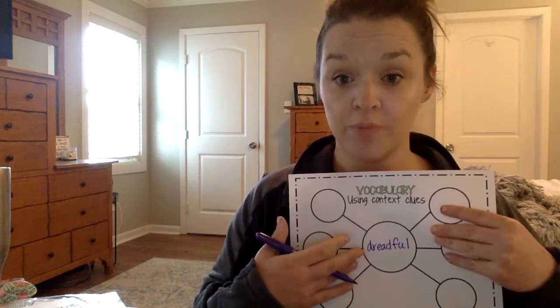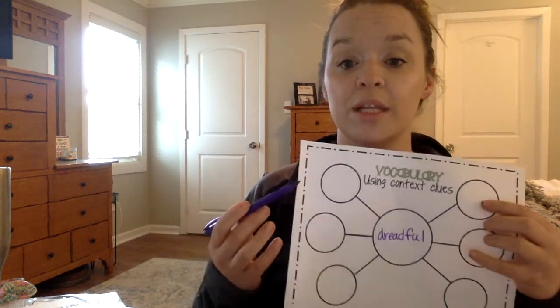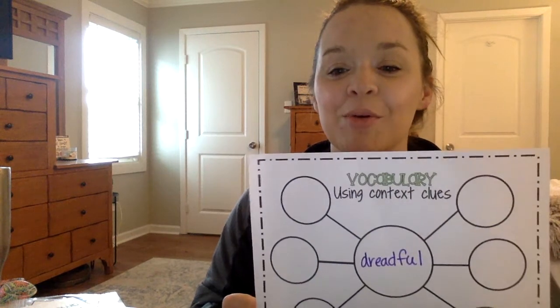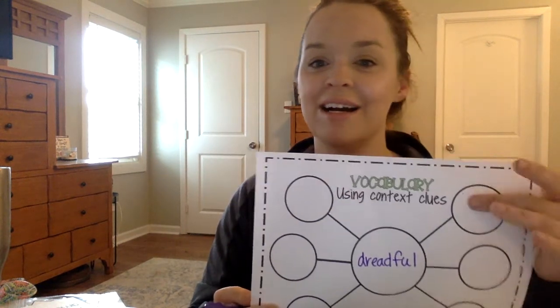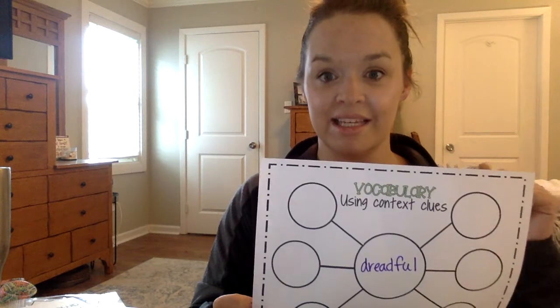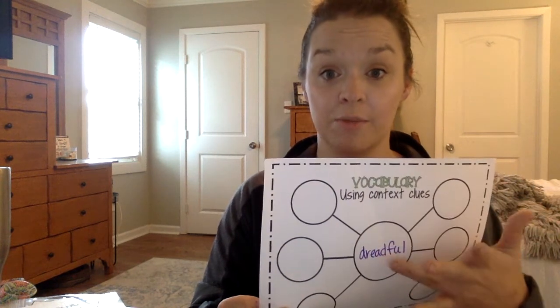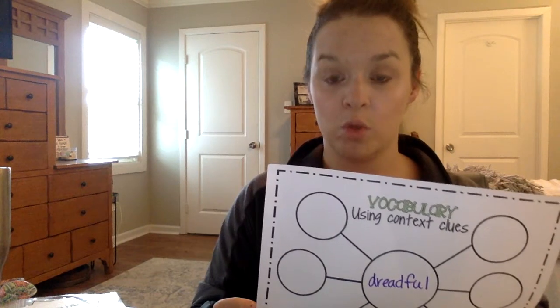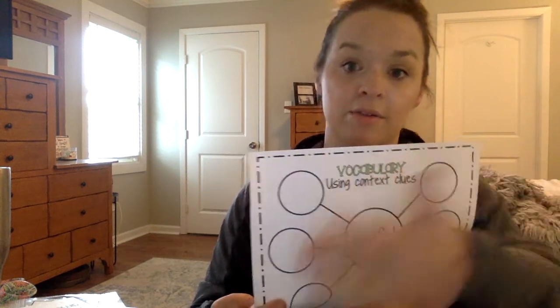They're going to find the word, and then in the bubbles around, they're going to work together and find any context clues in the story that help them understand what this word means. And then together, in their own words, they tell what the word means using the outside bubbles. And there will be someone there to monitor them or direct them if they're getting off track or not understanding really well. So that is my remediation.